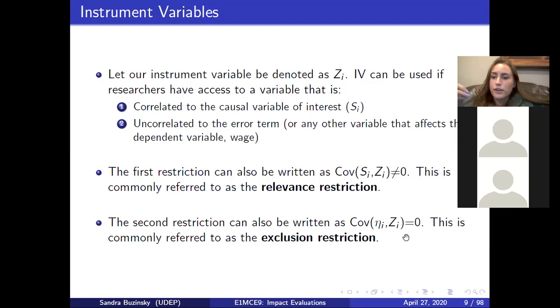The authors think that distance from a university should be able to explain how many years of education you get, because if you live closer to a university or school, maybe you'll get more years of education than people who live further away, because it's easier to go to school and the cost of doing so is lower.